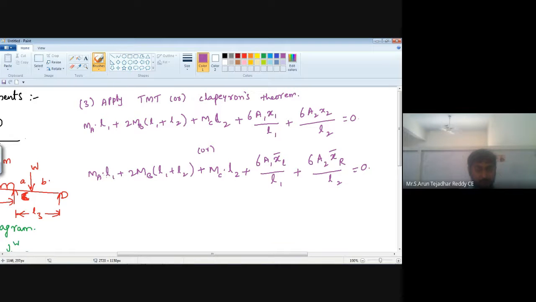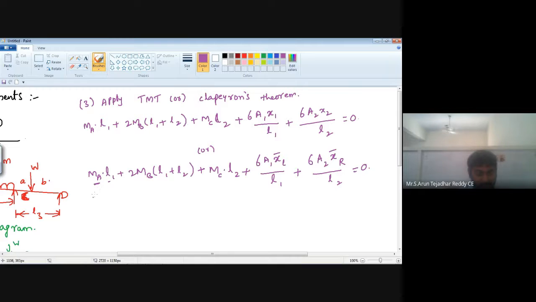Now we already discussed these terms in the previous class: MA, L1, MB, MC, L2, A1, A2, XL bar, XR bar. Once again I remind you, MA is the moment at the first point.